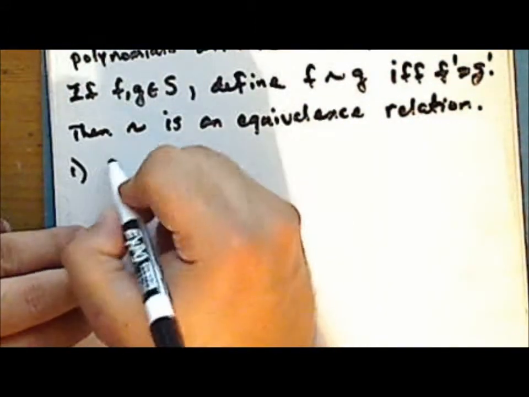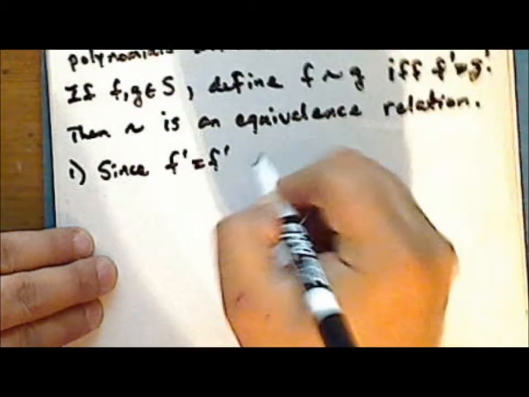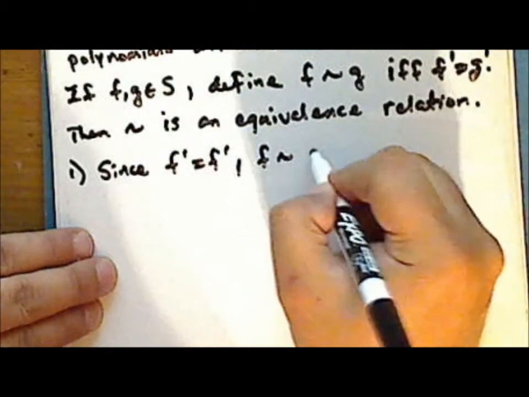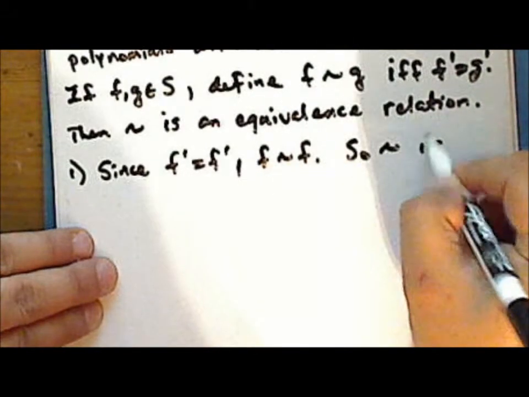First of all, since f prime is certainly equal to itself, we have that f is equivalent to itself, so the relation is reflexive.